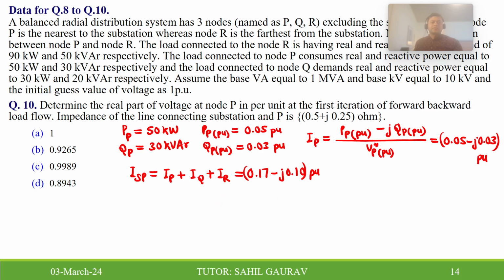Now we are given the impedance of the line connected between the substation and node P. This value is given as ZSP. This is the substation node and this is the P node and this is current ISP. ZSP is given as 0.5 plus J 0.25 ohm.